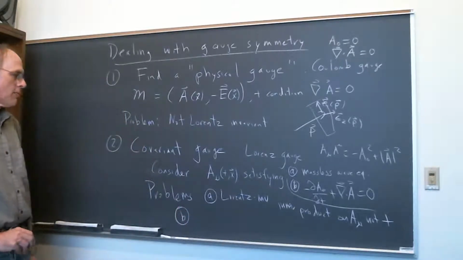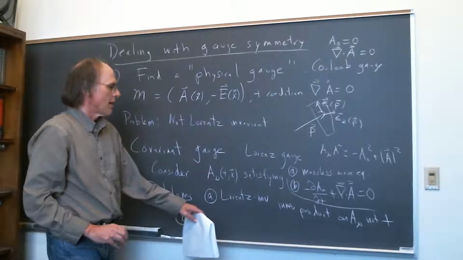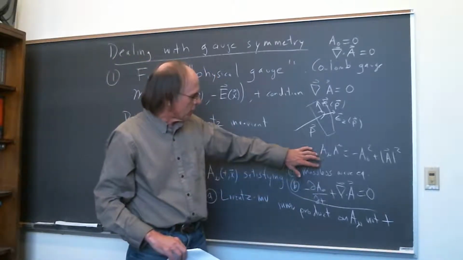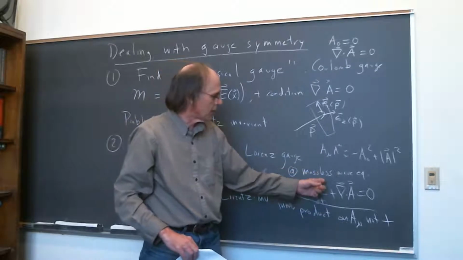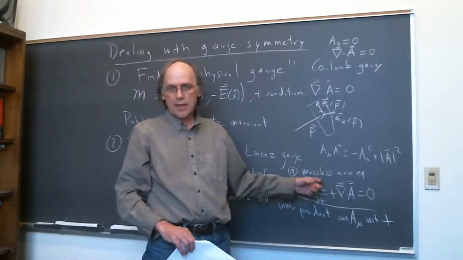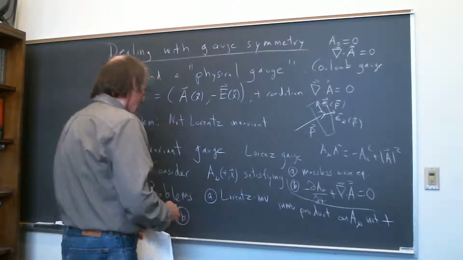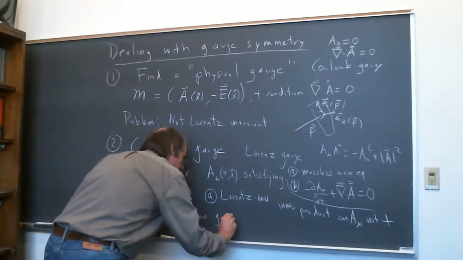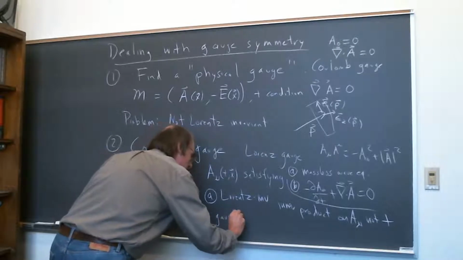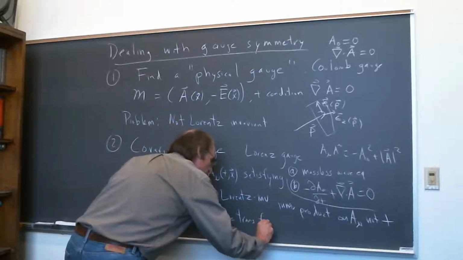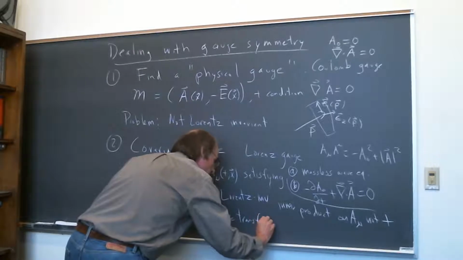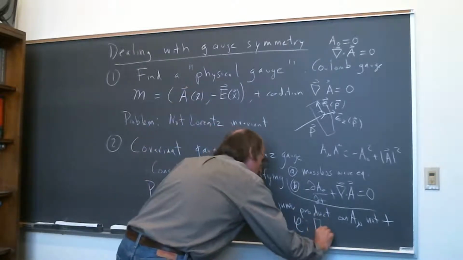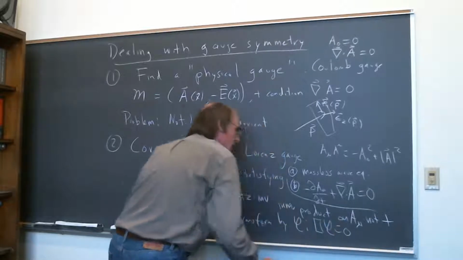Then the second problem is that this doesn't completely fix the gauge freedom. You can still add a gauge transformation φ.